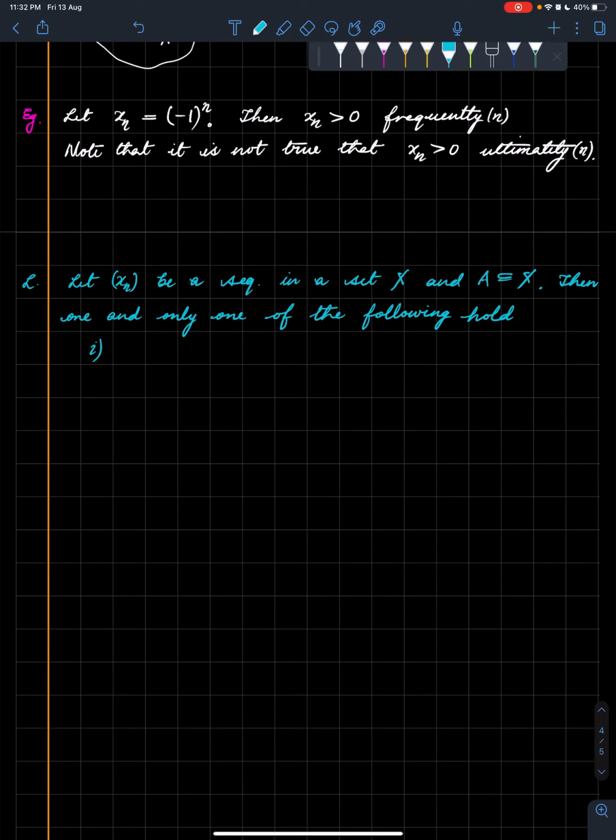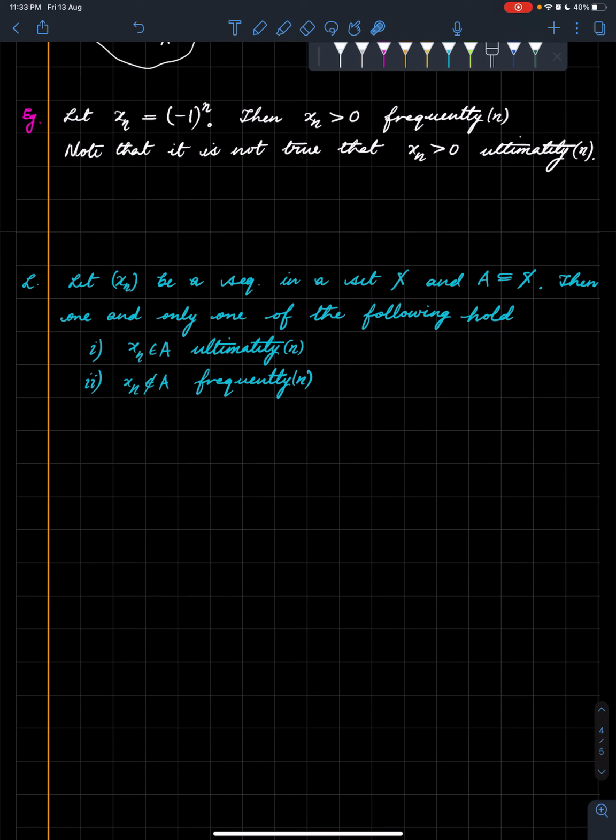The first one says that xn is in A ultimately. And the second one says xn is not in A frequently. The statement says that one of them will happen and both cannot happen simultaneously.